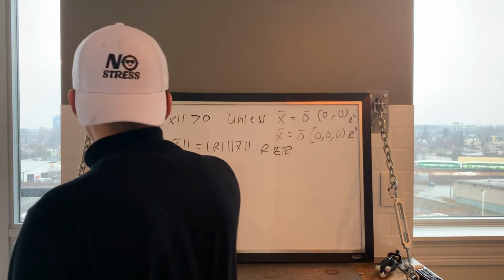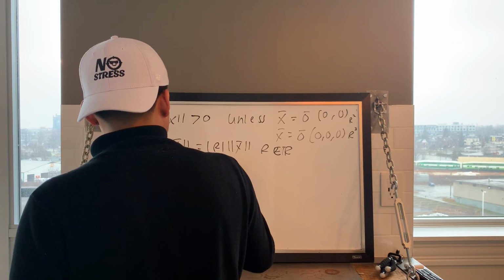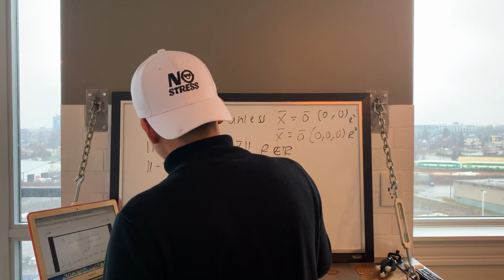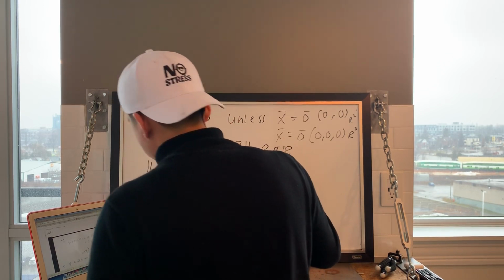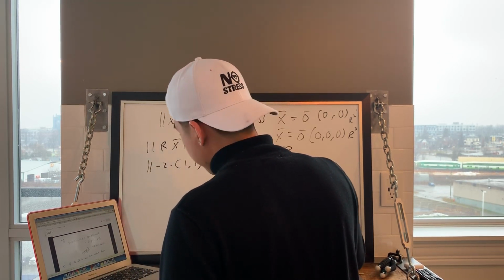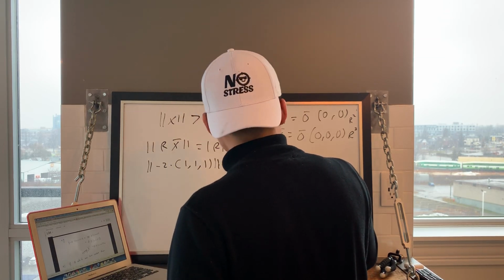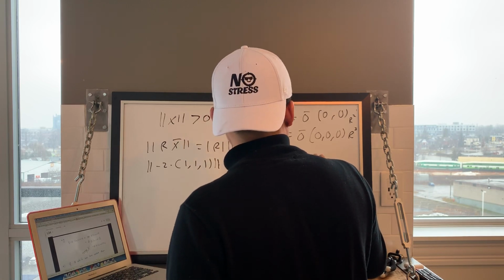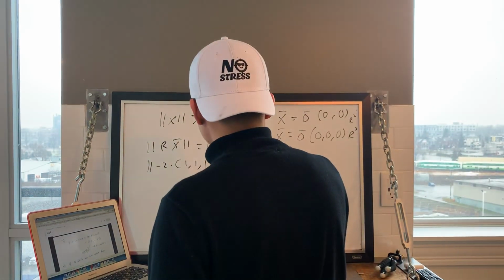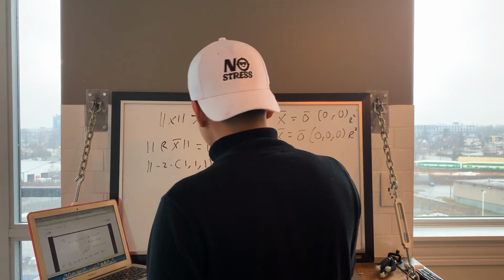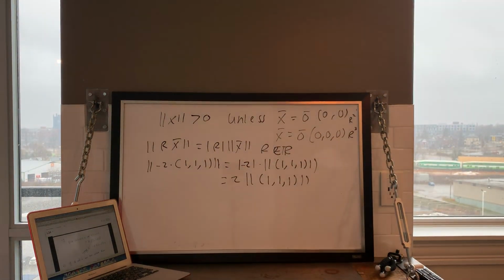If I had this, we would just have this multiplied by the length of that vector. A common mistake is that they pull it out as -2. So you just have 2 times the magnitude of this vector. Okay, that's what you have.